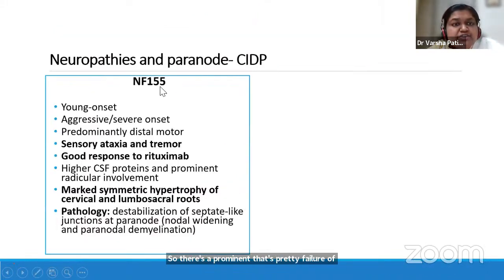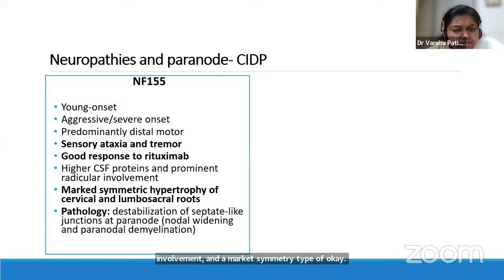So the first one is NF155. They are generally young onset patients, very aggressive or severe to begin with. Predominantly distally motor, with prominent sensory ataxia and tremor, and a very good response to rituximab. They have high CSF protein, prominent radicular involvement, and marked symmetric hypertrophy of the cervical and lumbosacral roots.